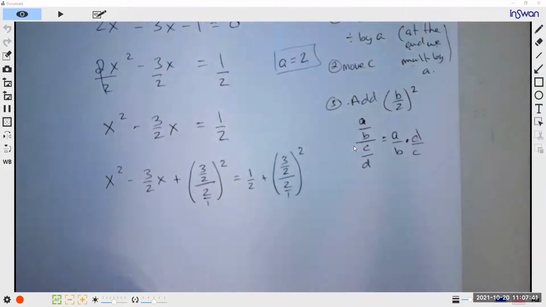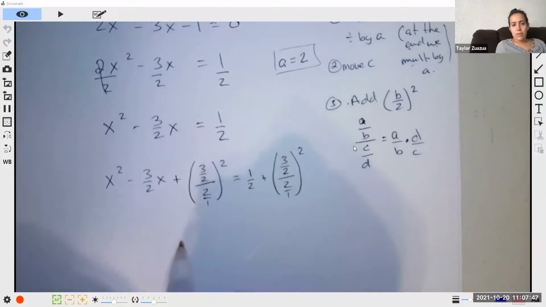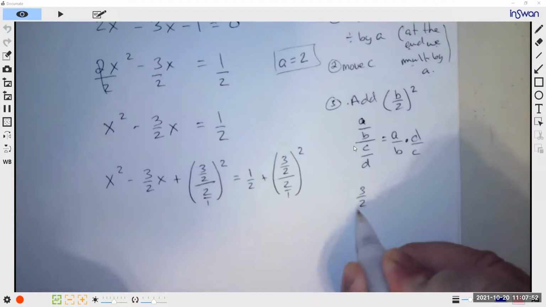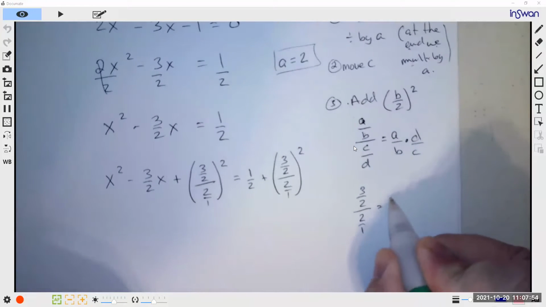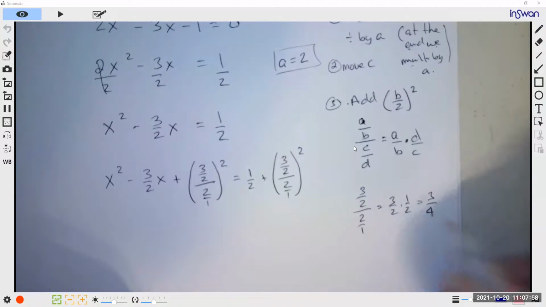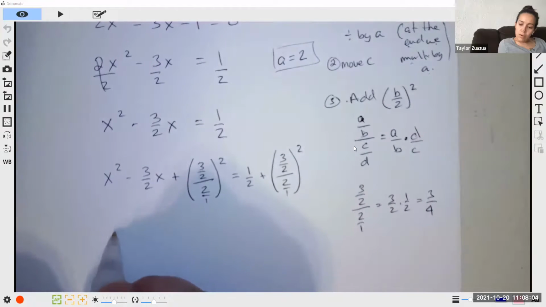So it'll be 3 over 2 times 1 over 2, which makes it 3 over 4.